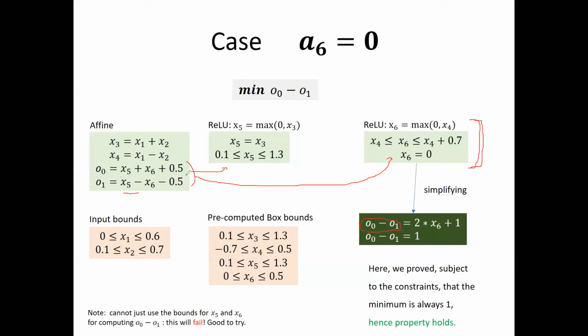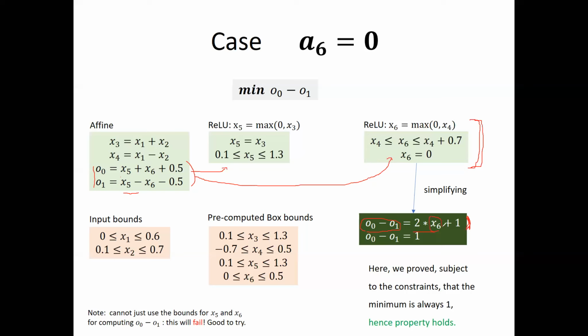So if we do O0 minus O1, you can just do the simplification on this side before we even touch x5, x6. The x5 are going to cancel out, and you're going to be left with 2 times x6 plus 0.5 plus 0.5. So you're just going to end up with this constraint over here, and that's just a function of x6.